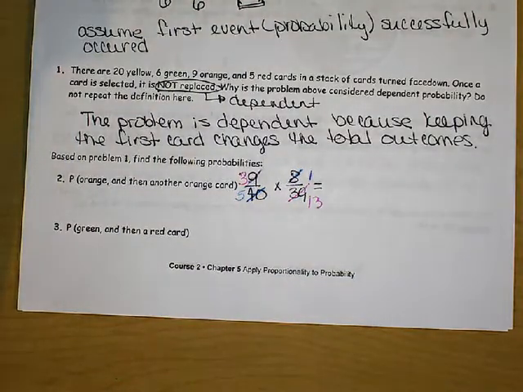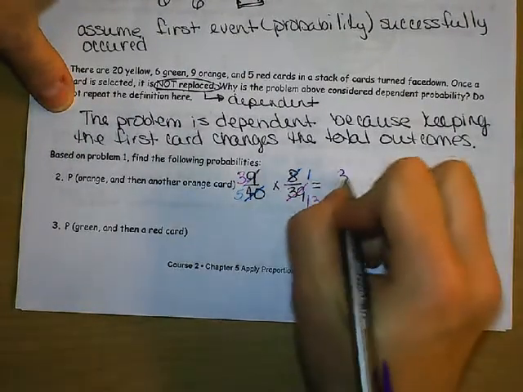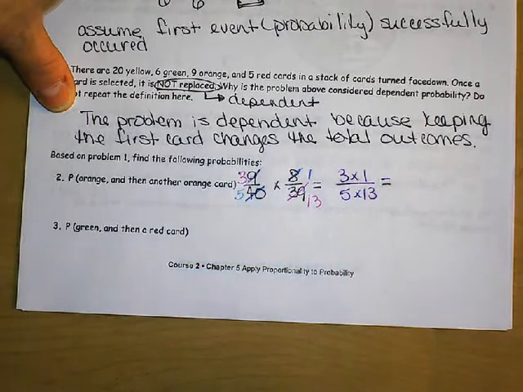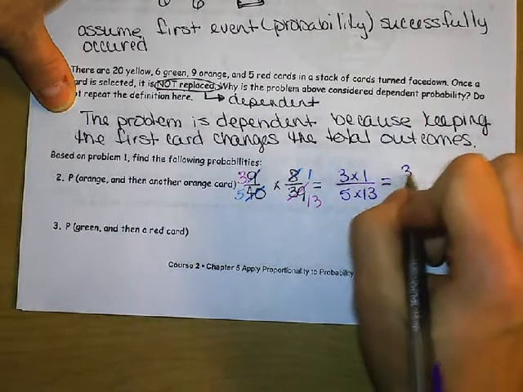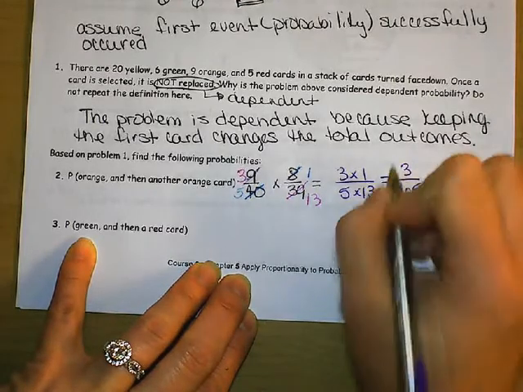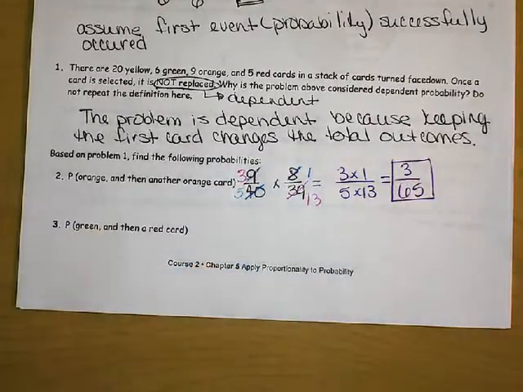So now we have 3 times 1 over 5 times 13. I know that 3 times 1 is 3, and 5 times 13 is 65. So the probability of selecting an orange and then another orange is 3 out of 65.